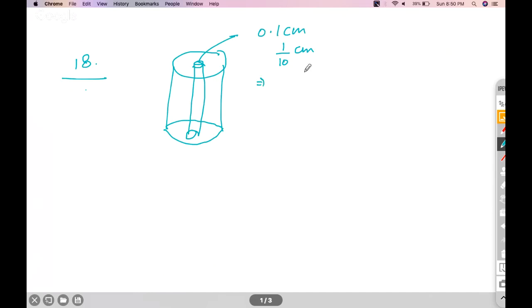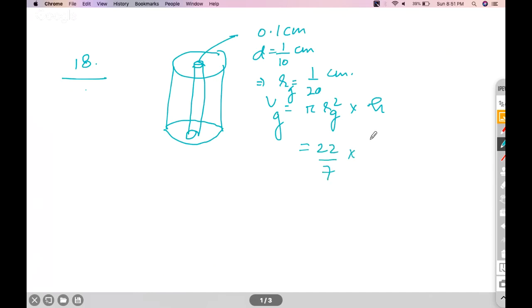So this is diameter, so radius would be 1 by 20 centimeter. So for graphite, volume would be pi r graphite square h, and the length of the pencil has been given to me as 10 centimeter. So this is 22 by 7 multiplied by 1 by 20 into 1 by 20 into 10.